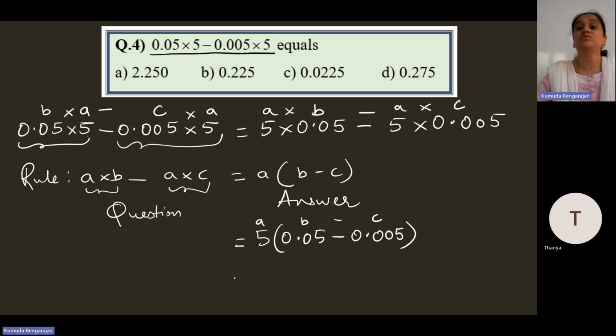Correct? Now subtract 0.05 minus 0.005. Do it correctly. Subtract. What's the difference? Is it 0.045? Just check with your friends also.